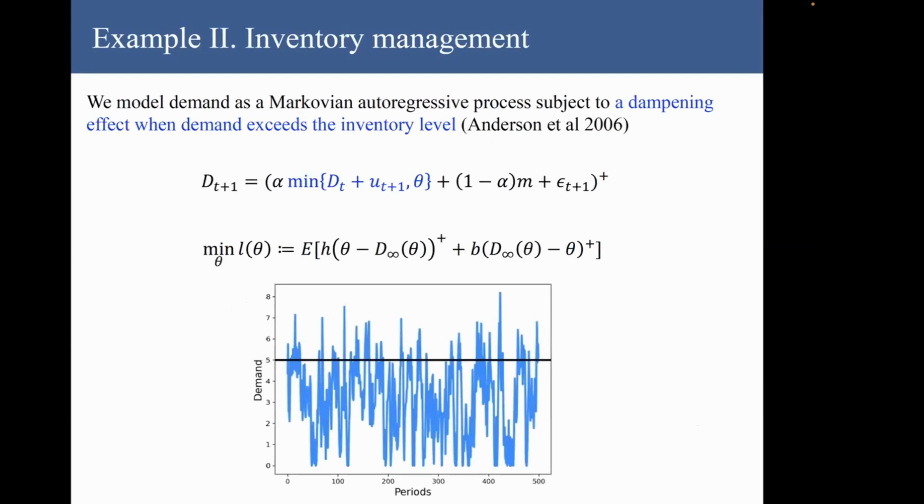This is about a newsvendor problem, essentially thinking about you running a small store and deciding how much inventory to order in each period. The only caveat I'm adding is that the demand, I'm going to assume, is not IID for each period. Instead, it follows a Markovian autoregressive process.